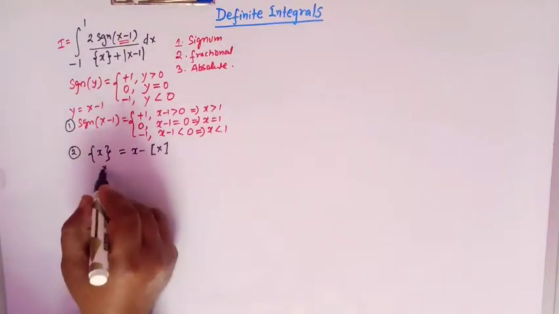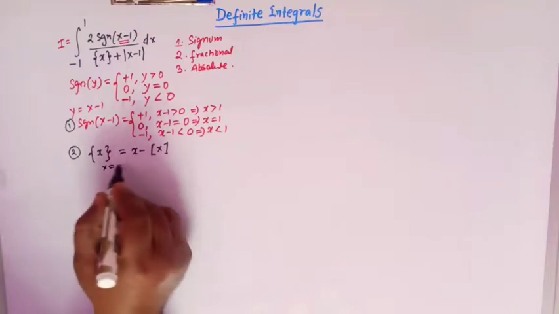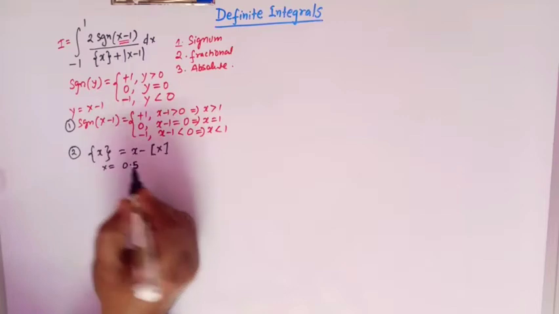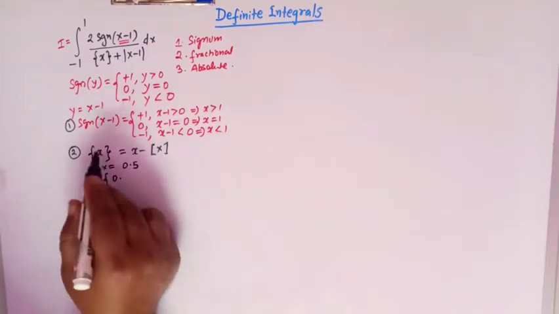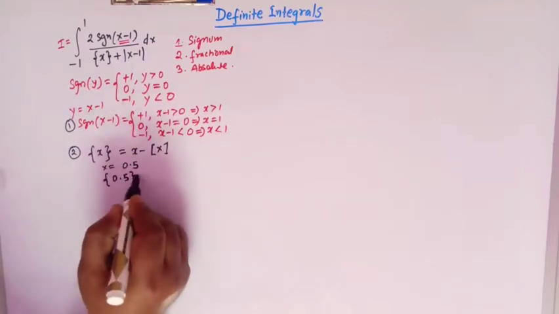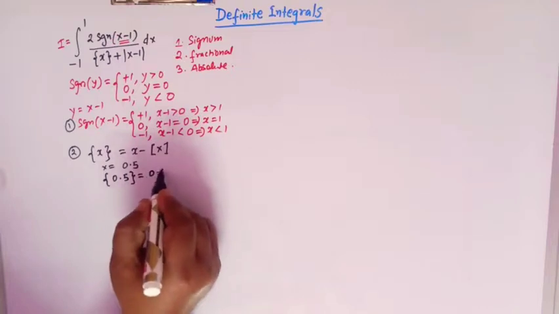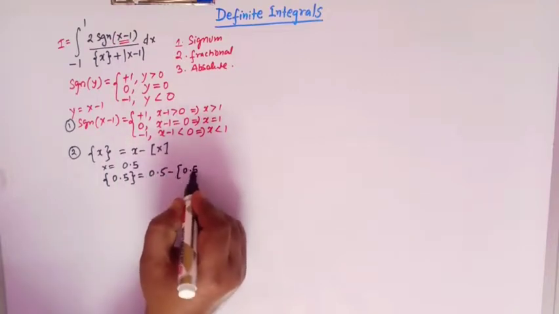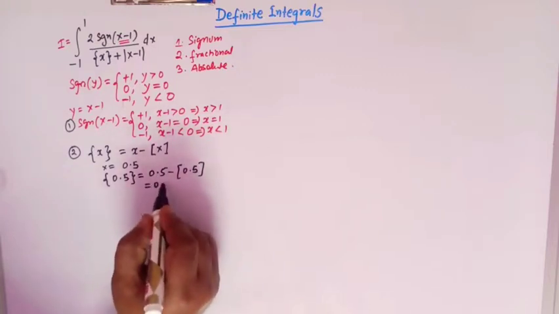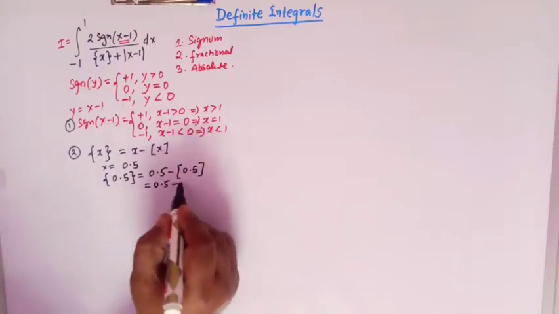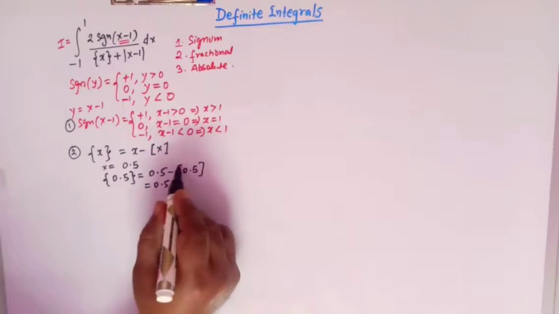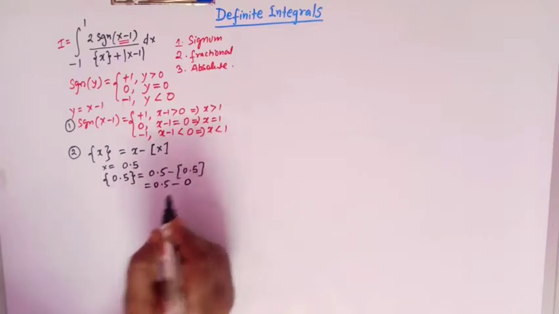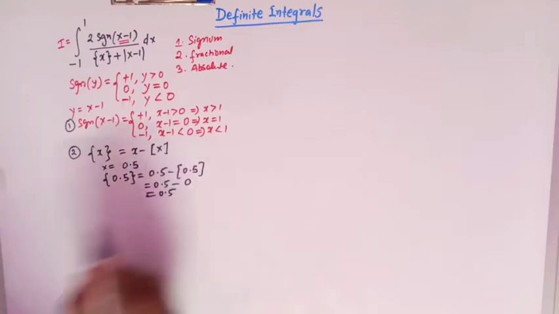If we take, say, x equal to 0.5, then the fractional part of 0.5 is 0.5 minus the greatest integer of 0.5, which is simply 0, so we have 0.5.